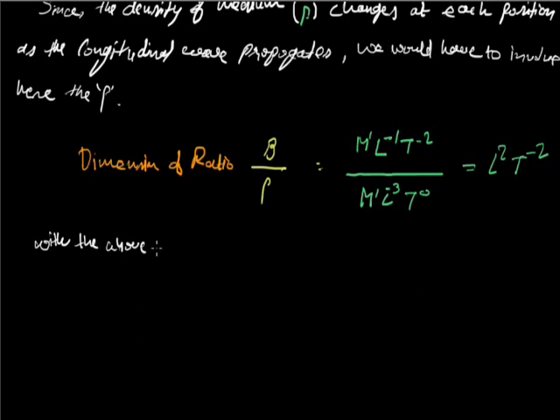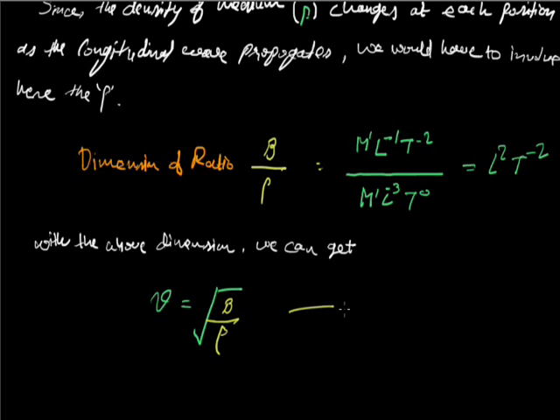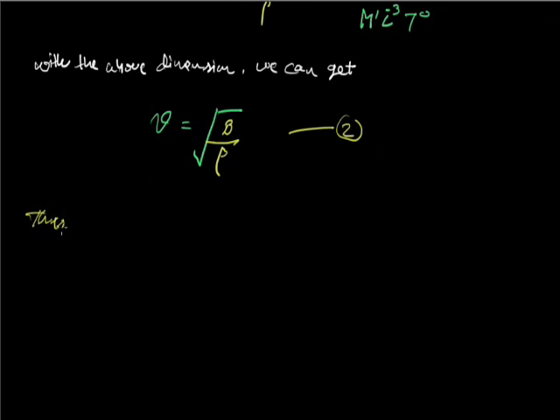With the above dimension, we can get the velocity of the sound wave equals to square root of bulk modulus divided by the density of the medium. So we can mention it the equation number 2.